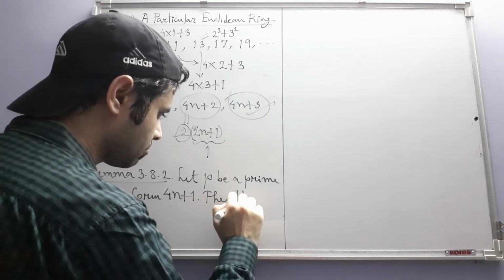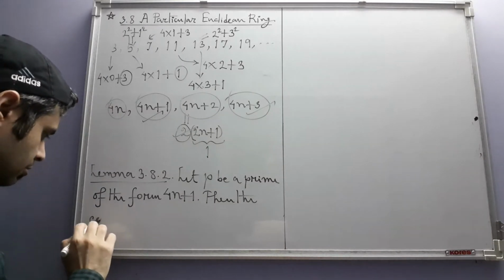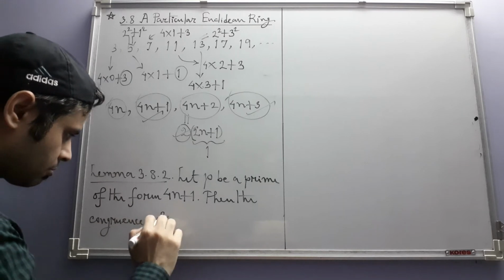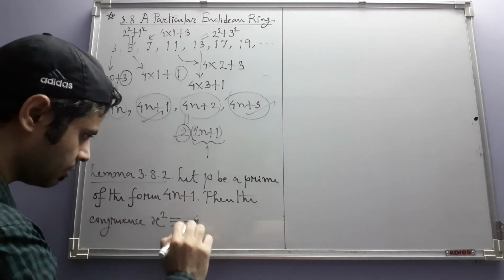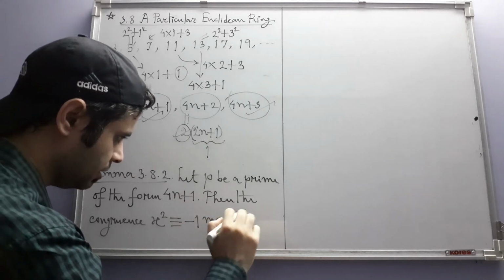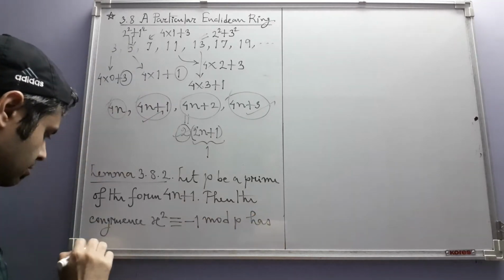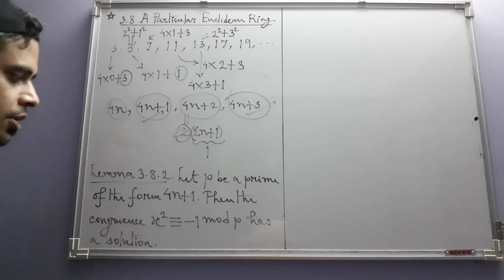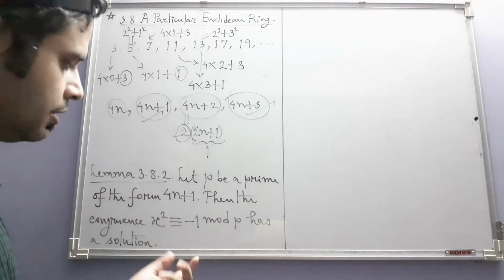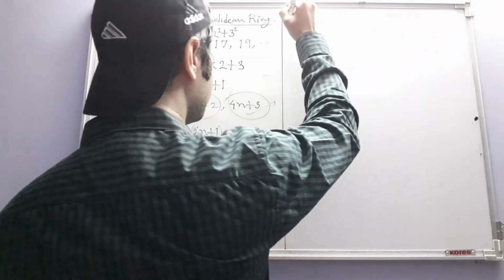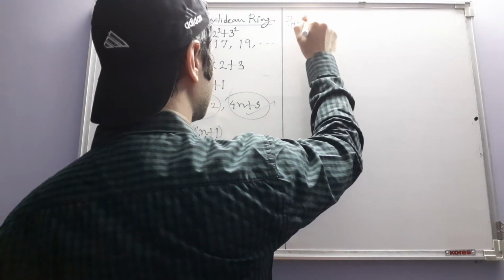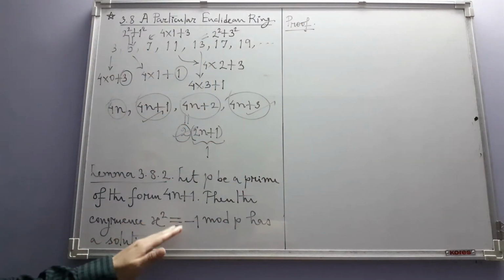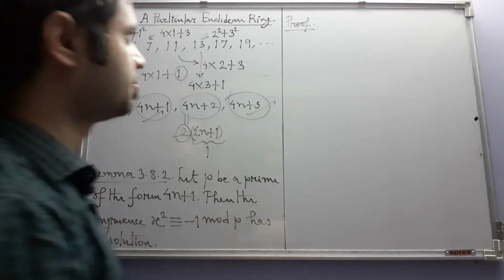Then the congruence x square congruent to minus 1 mod p has a solution. That is, there is an integer x for which this congruence will be solvable. That's what we want to prove. And the proof is a direct proof. We will produce an actual x and show that that particular x solves this congruence.